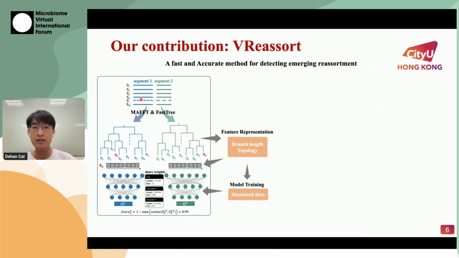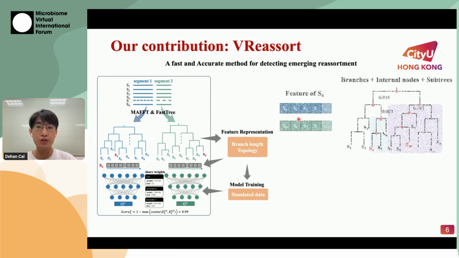This tool first constructs the phylogenetic trees from the two sets of genome sequences, and then extracts features from the phylogenetic tree for each strain. These features include information from the trees, like the branches, the internal nodes, and the subtrees, so that we can utilize them to predict reassortment. Then the features go through a Siamese neural network, which learns how different the features of different segment trees are, and outputs a score to indicate whether the two features are different.